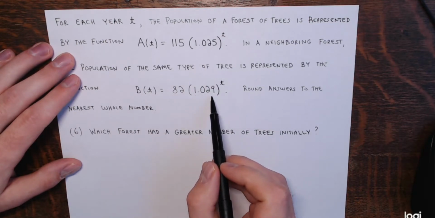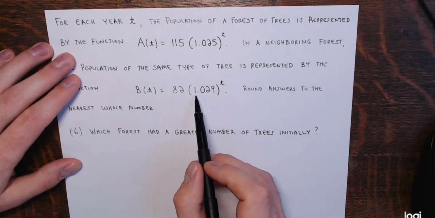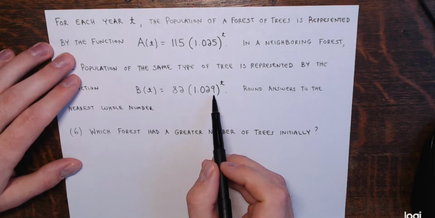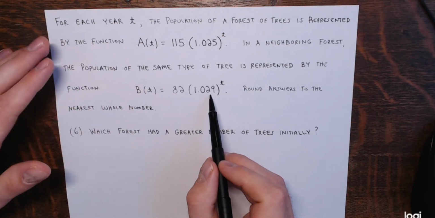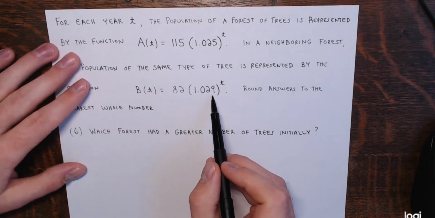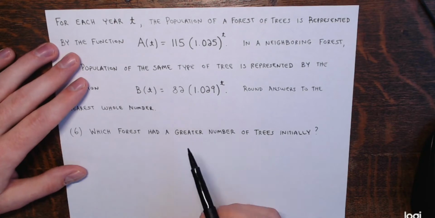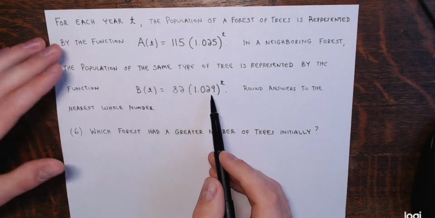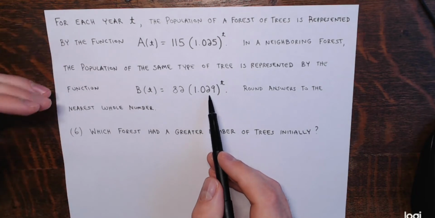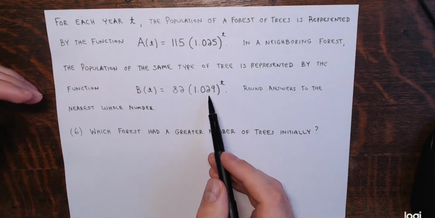This exponential function for the neighboring forest has a base of 1.029. So each year, the number of trees increases by 2.9%, right? This is 2.9% more than 1. So the number of trees in this forest is increasing by a greater percentage each year than this forest.